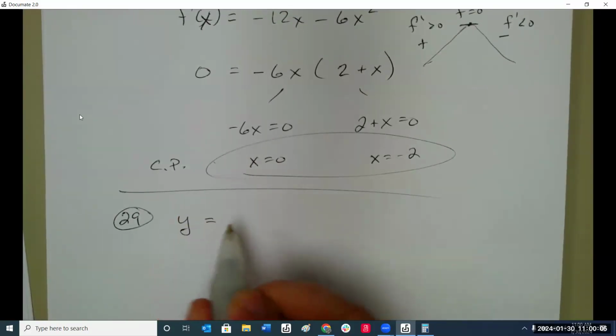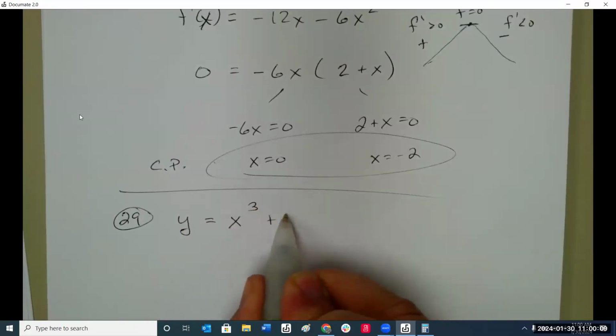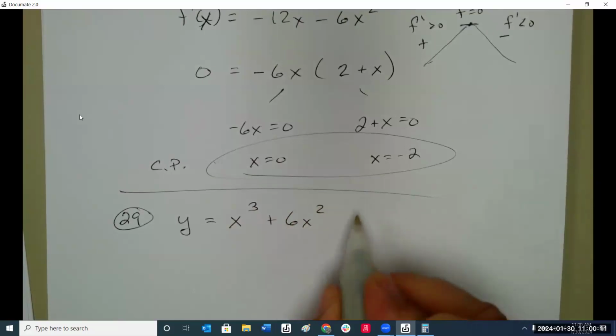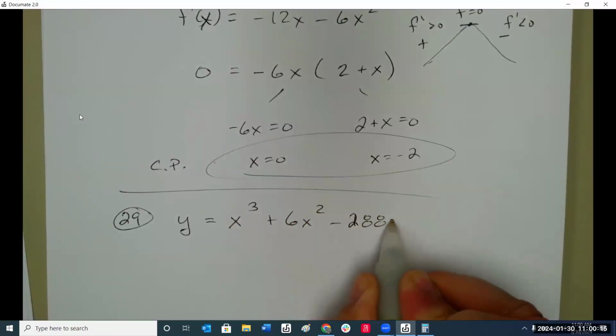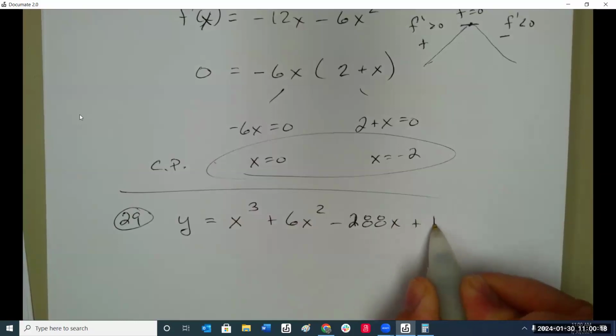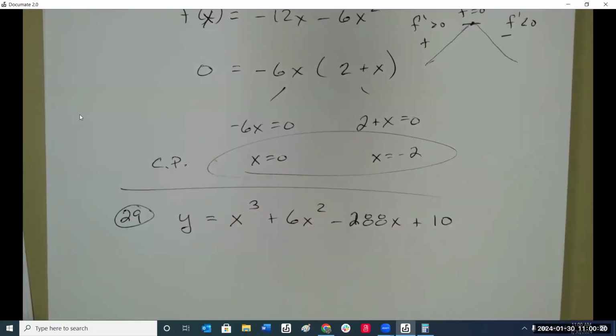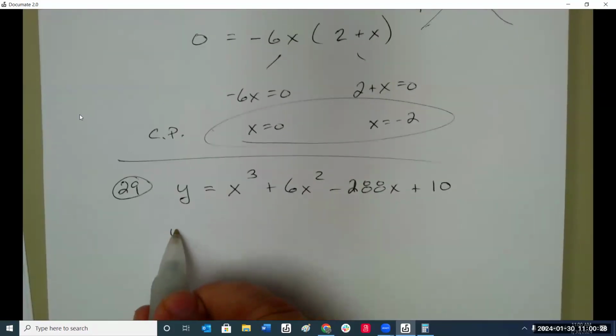Determine all the critical values or critical points of this function. Derivative. You gotta find the derivative.